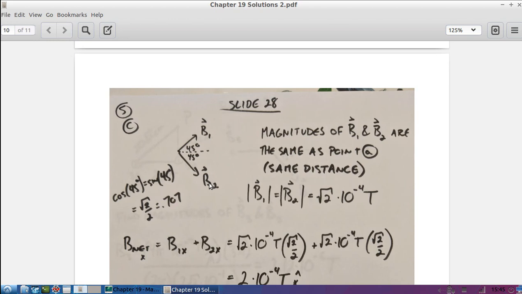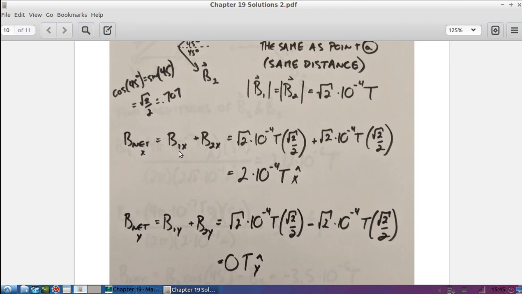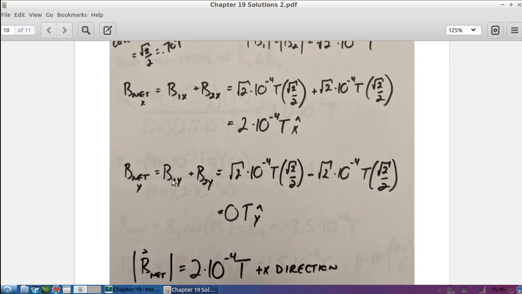We're still dealing with two magnetic field vectors, the same distance from point C, which is √2 centimeters. We're going to resolve them into their X and Y components again. Okay. Their Y components, we see that they're going to cancel, again, just like they did with part A. So I don't have to worry about any magnetic field in the Y direction.